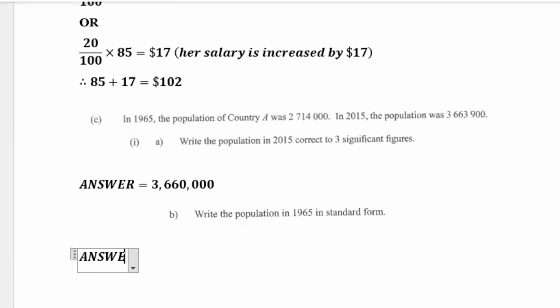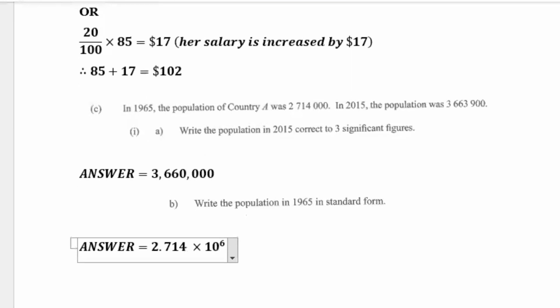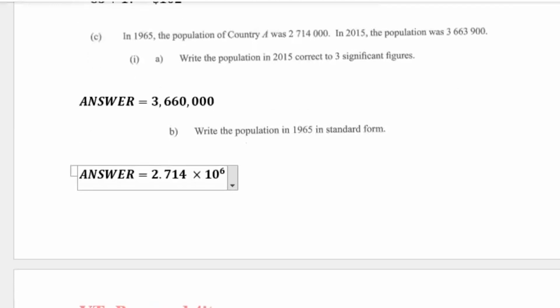And that is how we got 2.714 times 10 to the 6, and this is a positive 6 based on the direction in which we are moving. So our answer is 2.714 times 10 to the 6. That is our population in 1965 written in standard form.